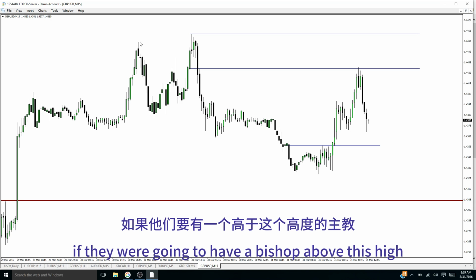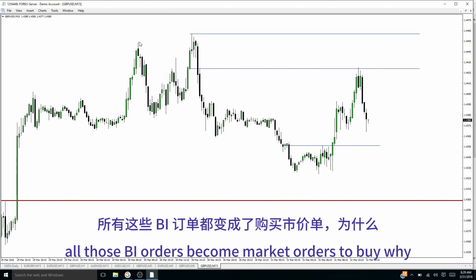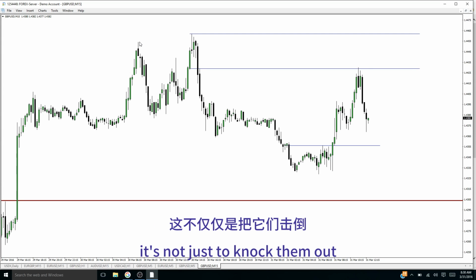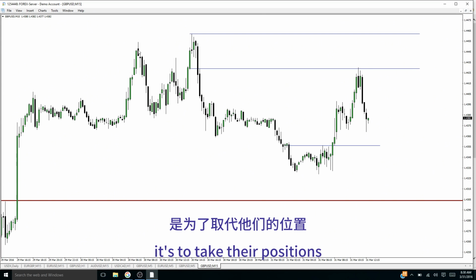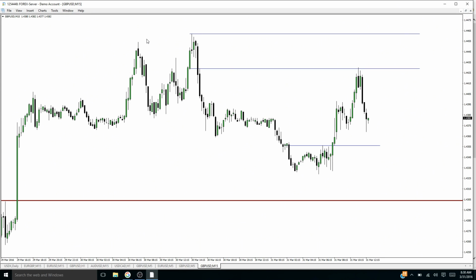If they're going to have a buy stop above this high, when they run price up, all those buy orders become market orders to buy. Why would they want to run those prices up there? It's not just to knock them out, it's to take their positions, and they're willing participants to be a buyer here. Think about it.